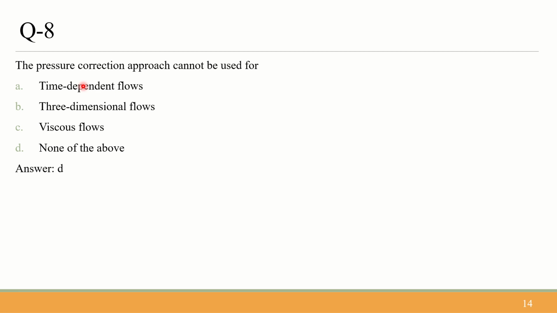Option C, it is viscous flows. Again, this is false because there are many problems where we deal with viscosity variation. Whereas option D, none of the above, is the right answer, because all three options are wrong. Therefore, the only option left is none of the above, option D.